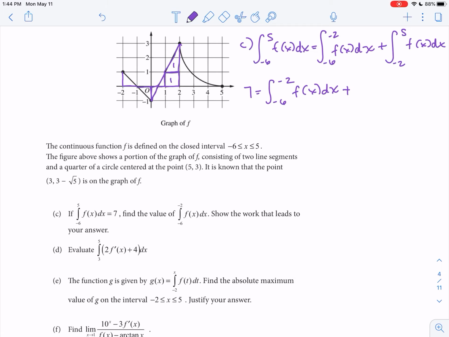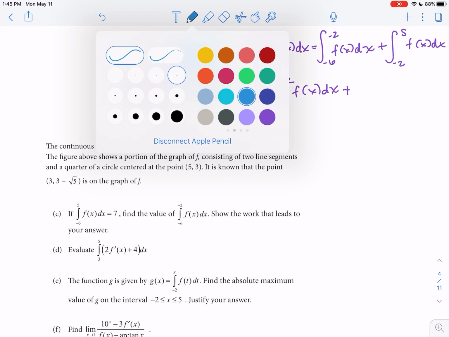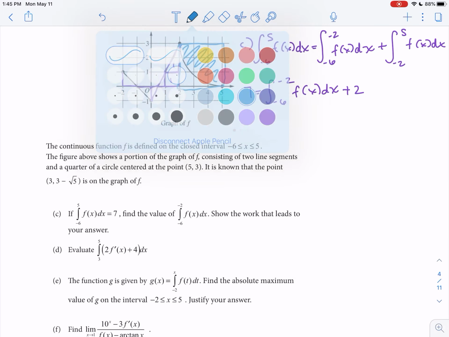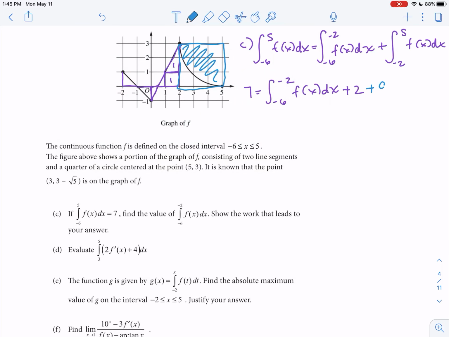And then I've got this weird looking shape, which is going to be this square minus that quarter circle. Okay, so I've got that 1 plus 1, that's 2. And then that square has an area of 9, minusing out that quarter circle.